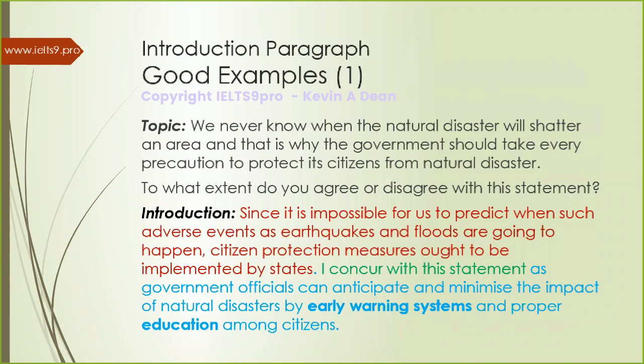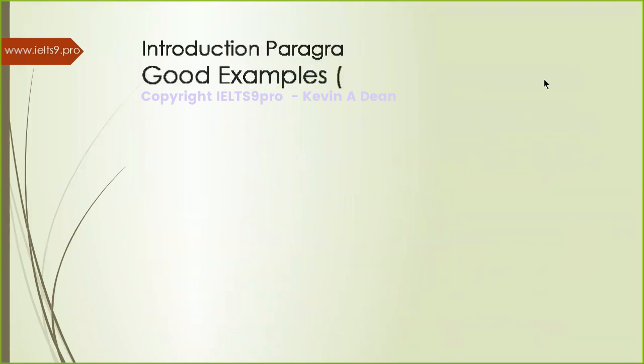It's impossible to predict. Adverse events, citizen protection measures, every precaution implemented by states, government should. I concur as reason one and reason two. So that isn't bad. That's pretty good as an example.